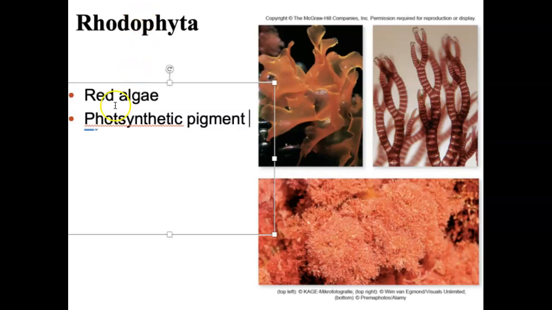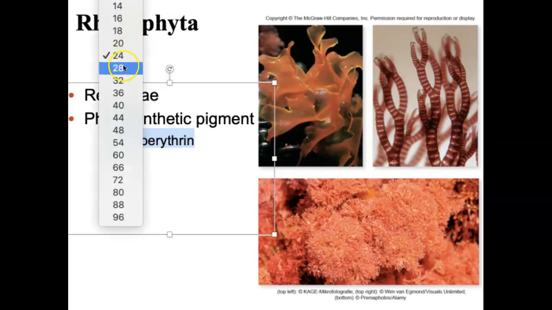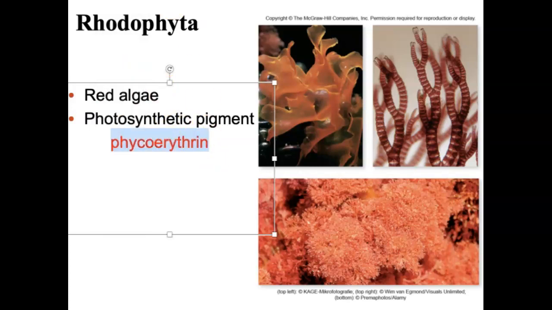They have the photosynthetic pigment. Let me type it out here. Phycoerythrin. That is the red pigment associated with members of Rhodophyta. So that gives them their characteristic red, I'm going to make it red color.